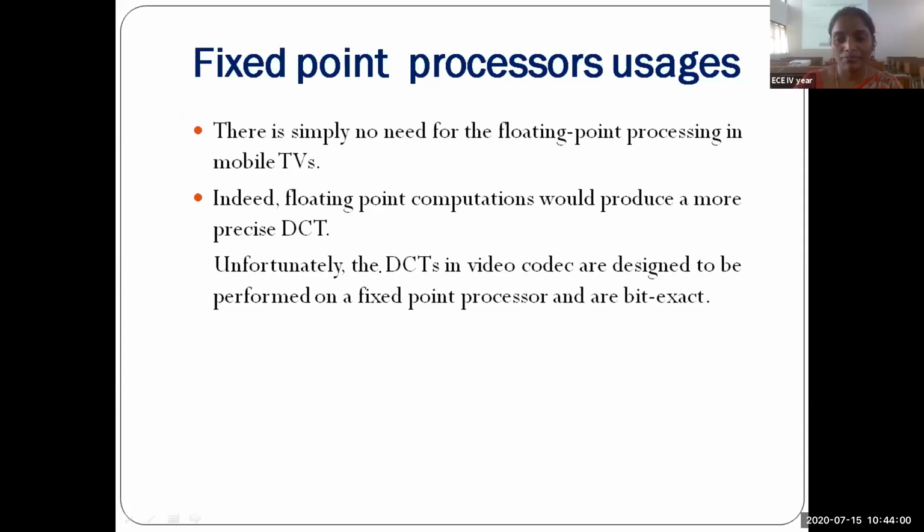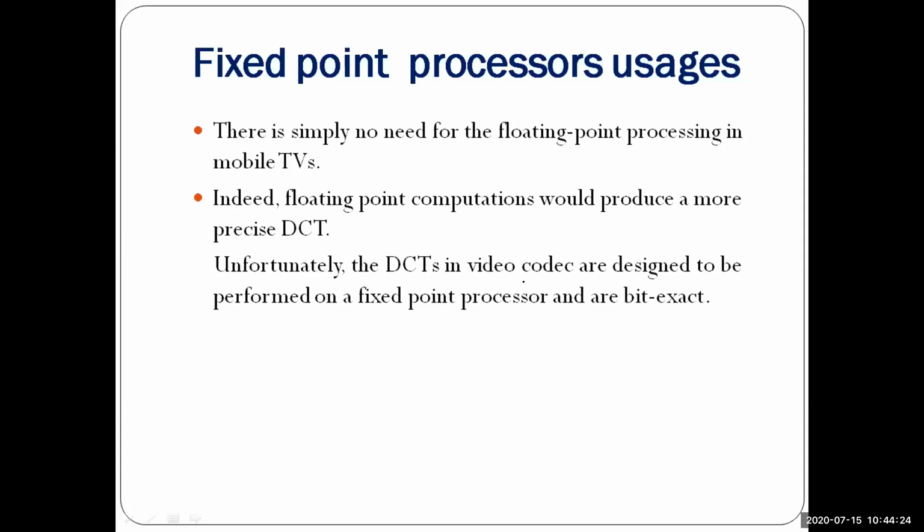So up to now we have discussed fixed point and floating point. What are the real-time applications where we are using this? Okay. Mobile TVs. In mobile TVs and DCT, all image processing is done with the discrete cosine transform. I'll show one example next class. So DCT and video codec. Do you know codec?